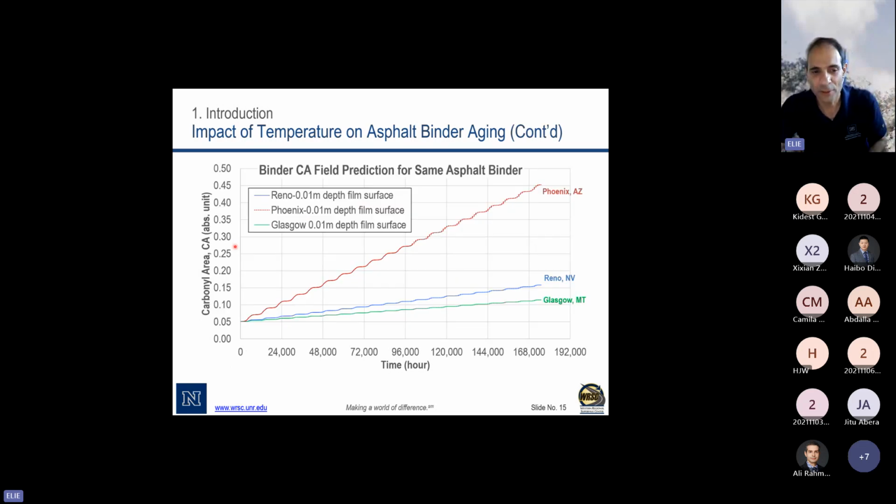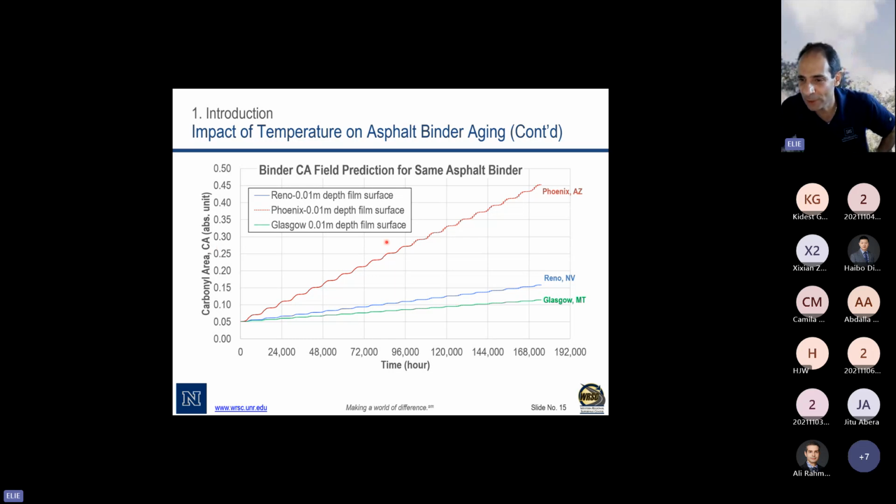do we see? What you're seeing over here is the carbonyl area, the carbonyl, which is a measure of the oxidation in your asphalt binder. Remember, the same asphalt binder, I put it in my asphalt mixtures in that pavement, but I subjected it to 3 different climates.